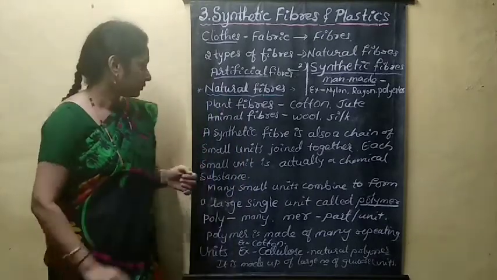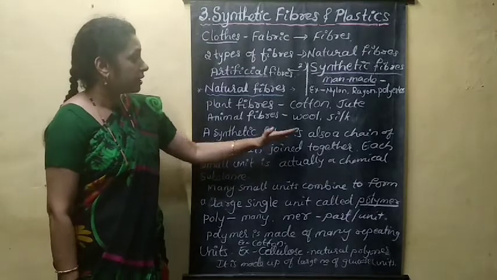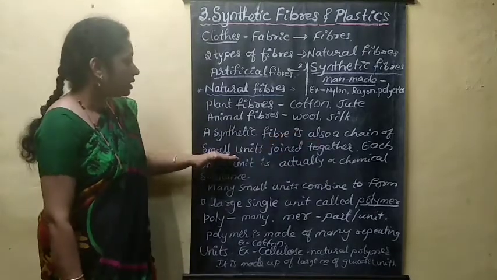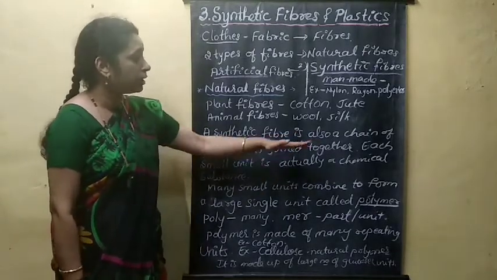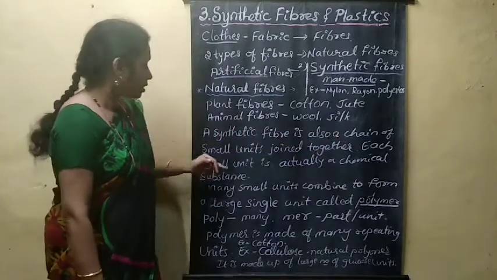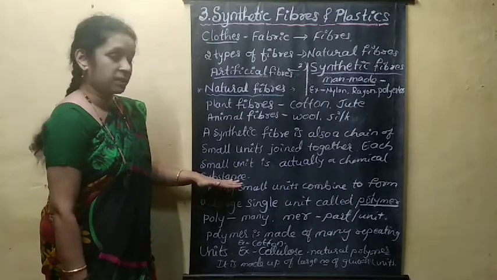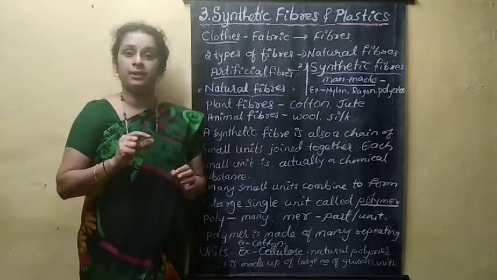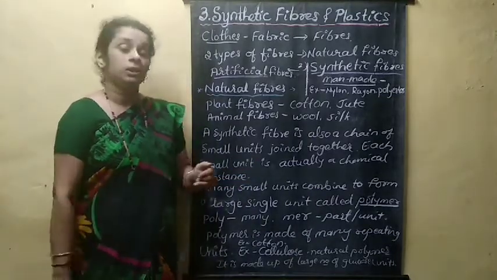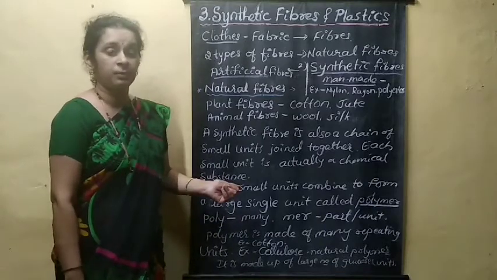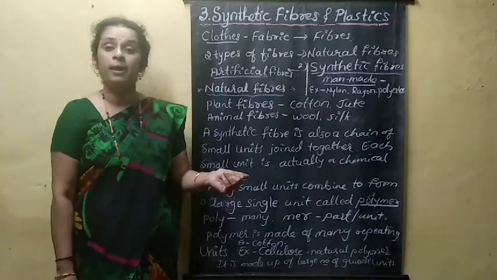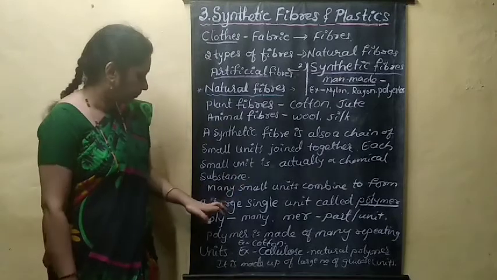Polymer. A synthetic fiber is also a chain of small units joined together. Each small unit is actually a chemical substance, because synthetic fibers are made by different chemicals.